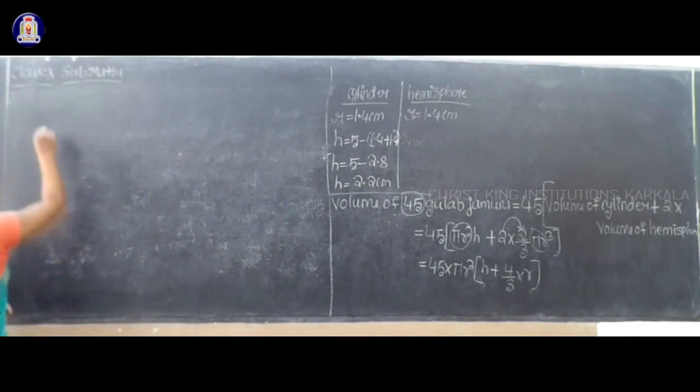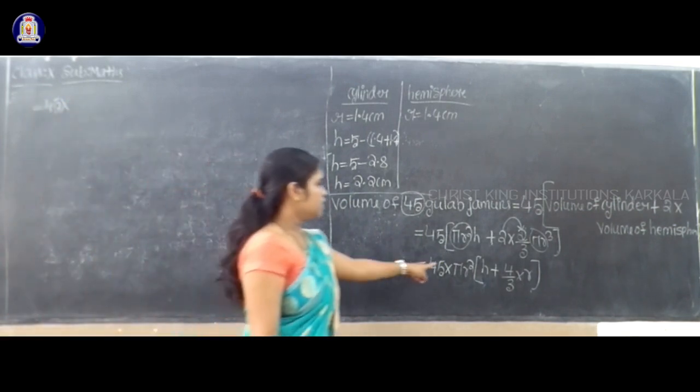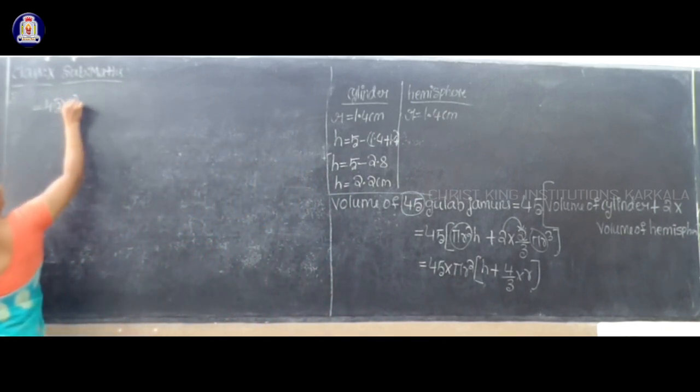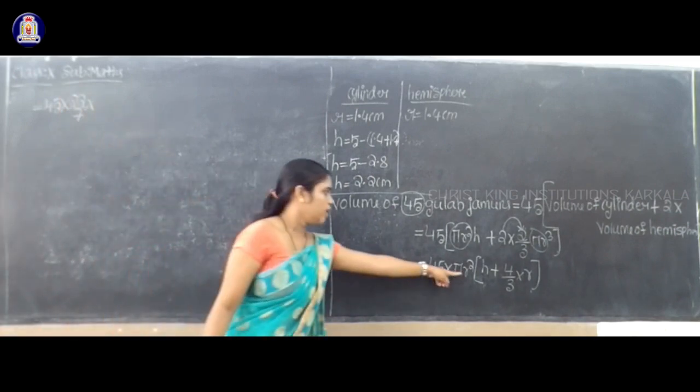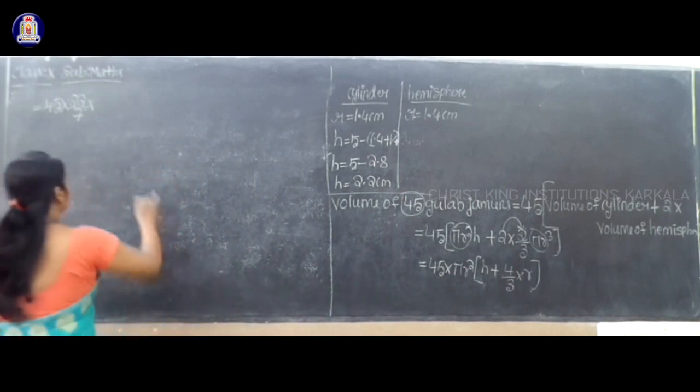This is equal to 45 into pi. What is the value of pi? Pi is equal to 22 by 7 into r square. Okay, what is the value of r here? R is equal to 1.4.